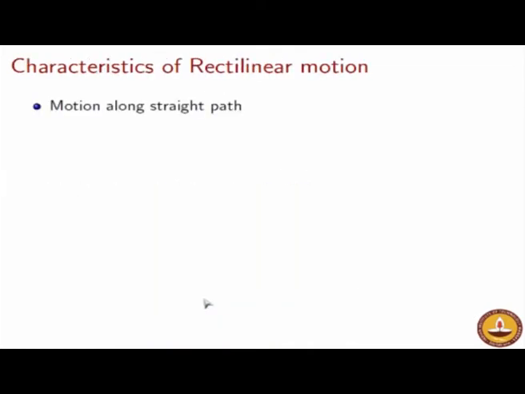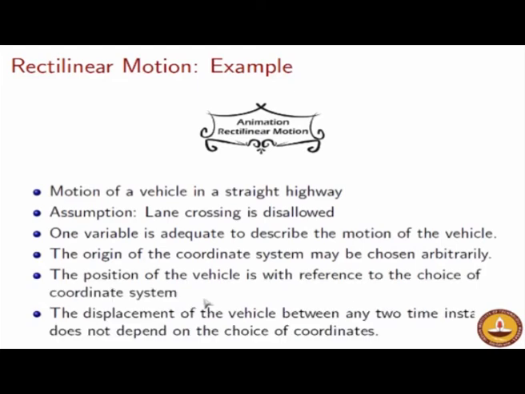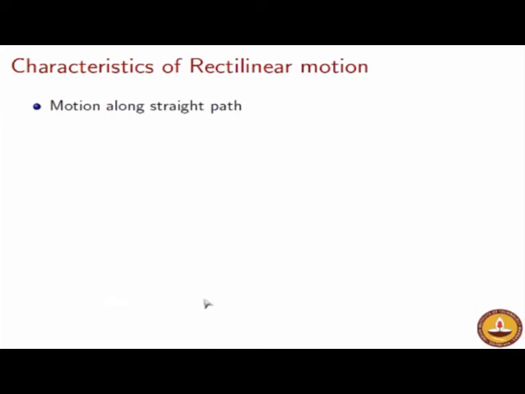So after giving you the example, let us now try to generalize and find out the general characteristics of this kind of motion, which we will call rectilinear motion. Firstly, the stark distinguishing characteristic is that it is always happening in a straight path.